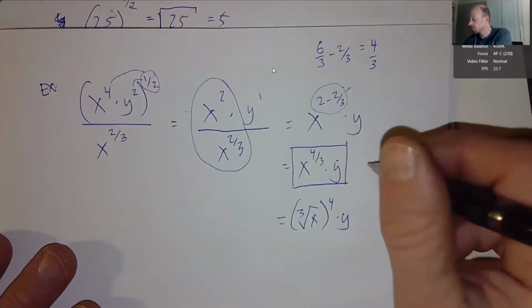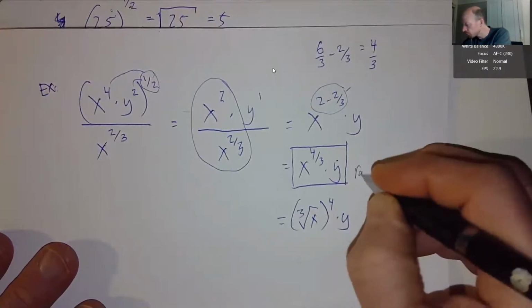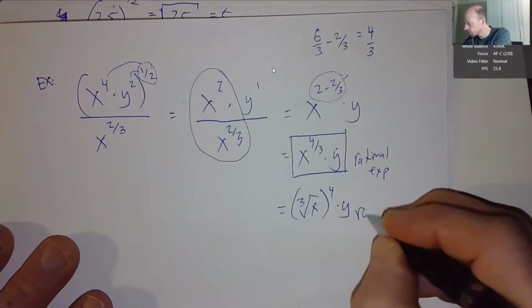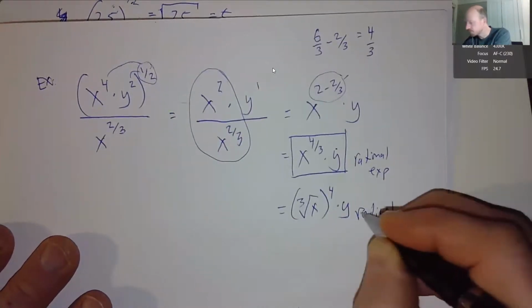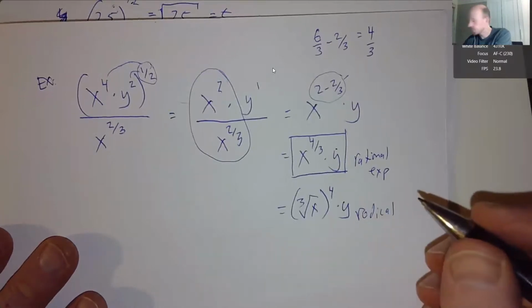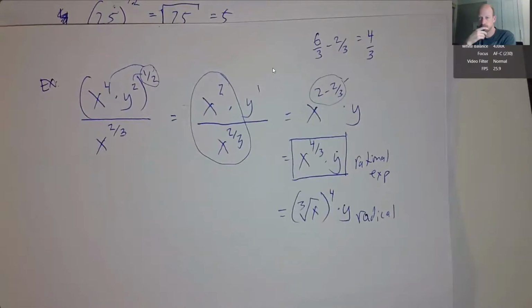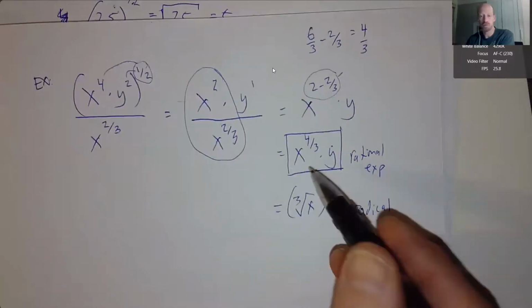But so this is rational exponents, and this is a radical. So there's a little bit of converting back and forth.